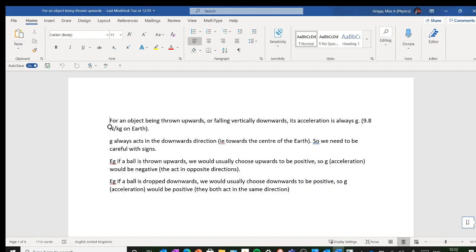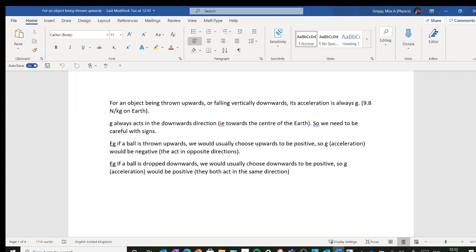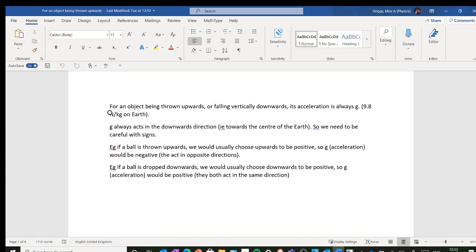Guys, it's important you listen to this, because this is where everyone slips up. So g always acts in the downwards direction, so towards the centre of the earth, so we need to be careful with signs. For example, if a ball is thrown upwards, we would usually choose upwards to be positive. We usually choose our first initial motion to be positive.